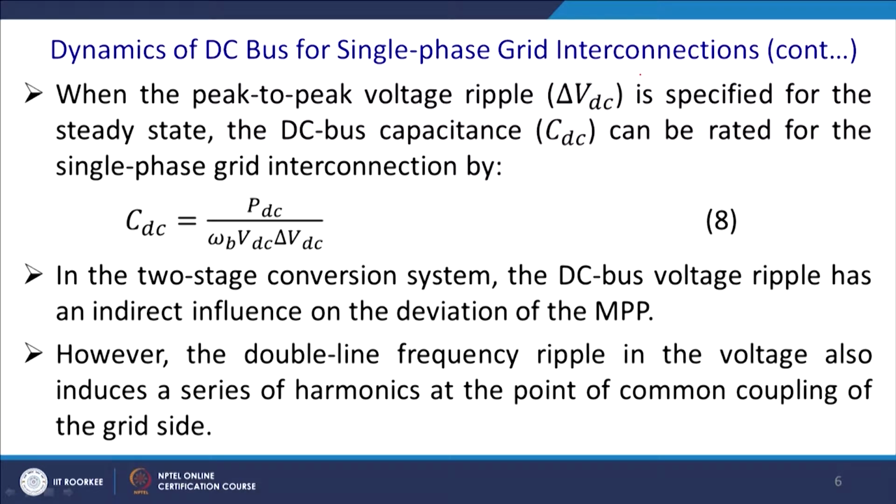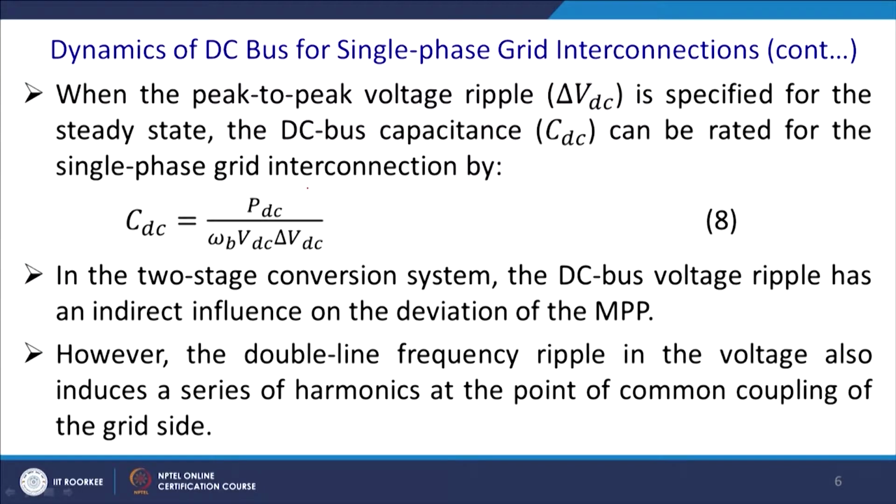We have the same thing definitely when the peak to peak voltage ripple VDC is specified for the steady state, that you should have this much of the DC link voltage, and the DC bus capacitor CDC can be rated for the single phase grid connections, and ultimately this will be given by this. So, CDC equals PDC by omega VDC into del IDC.